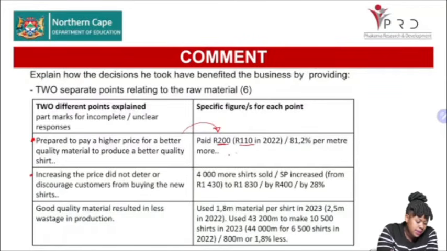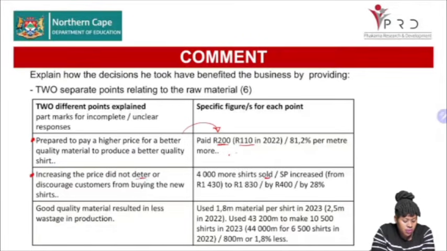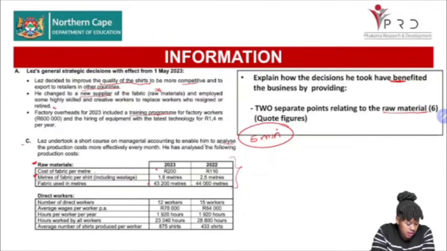Then the second aspect: he increased the price. Well, increasing the price did not deter or discourage customers from buying the new shirts. Why? Obviously, they are of a better quality. So 4,000 more shirts were sold, and the selling price increased from 1,430 to 1,830.